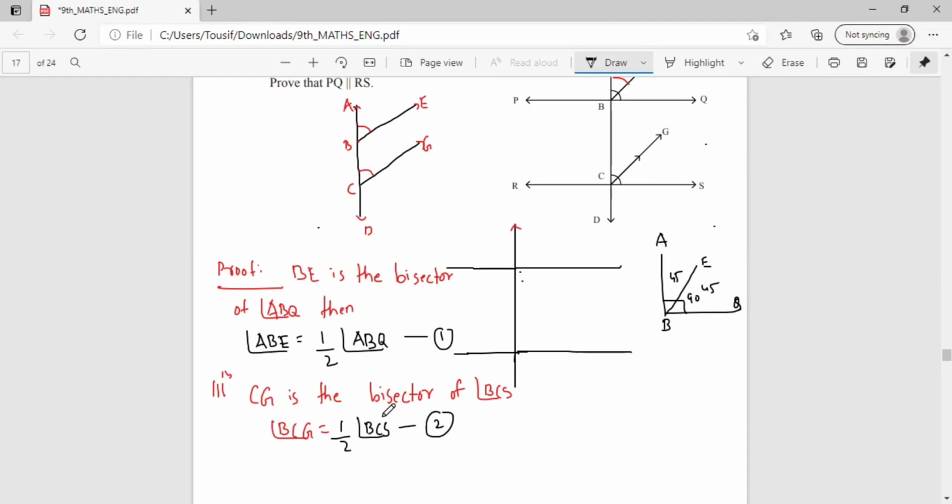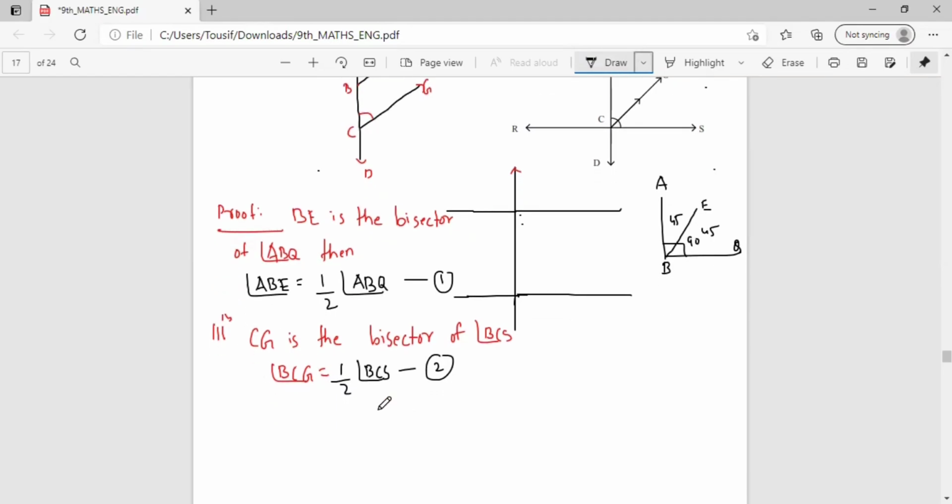Now what are we going to say? Can we say that angle ABE is equal to the angle BCG? Yes, obviously we can say it is equal. Angle ABE is equal to the angle BCG. Now, why? What might be the reason?